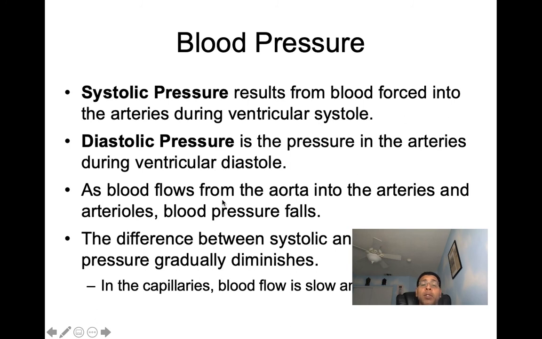As blood flows from the aorta into the arteries and the arterioles, blood pressure, we said, is going to start to fall. The difference between systolic and diastolic pressure gradually diminishes. In the capillaries, we said, blood flow is slow and fairly even.